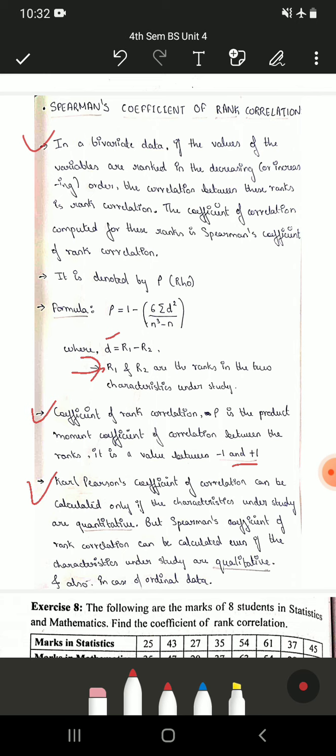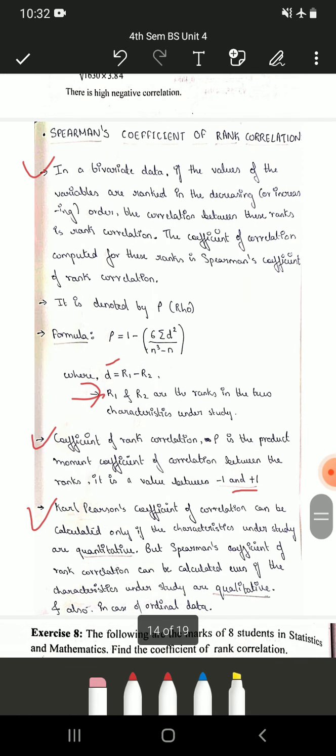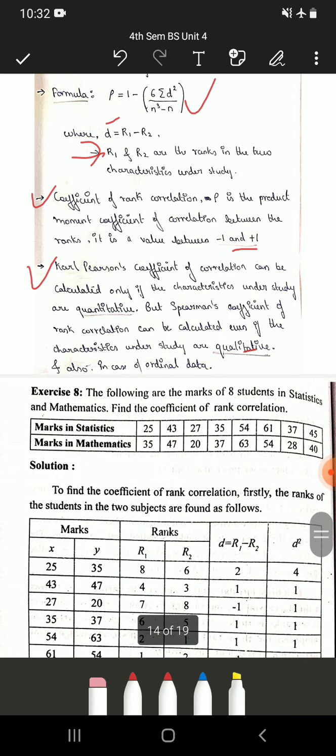You can't use Karl Pearson's for such a case, but you can use Spearman's coefficient of correlation. It can also be used in case of ordinal data. So this is an introduction about Spearman's coefficient of rank correlation. You have to remember this formula and this difference between Karl Pearson's and Spearman's coefficient of rank correlation.